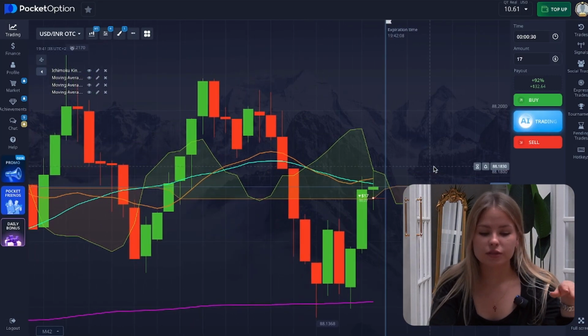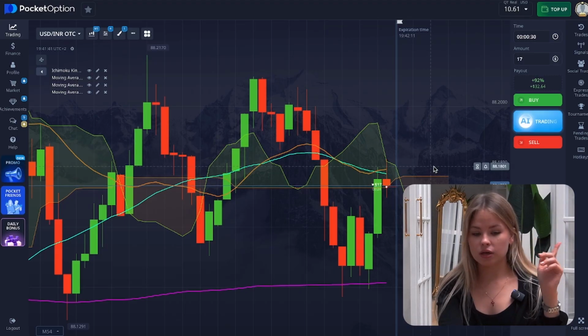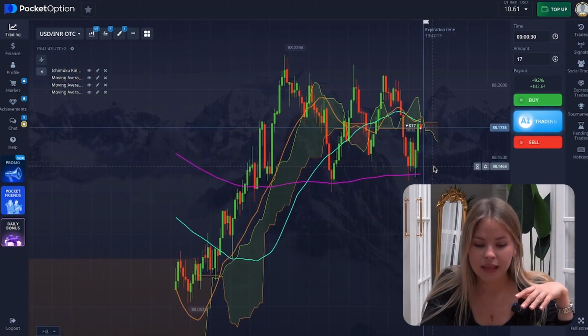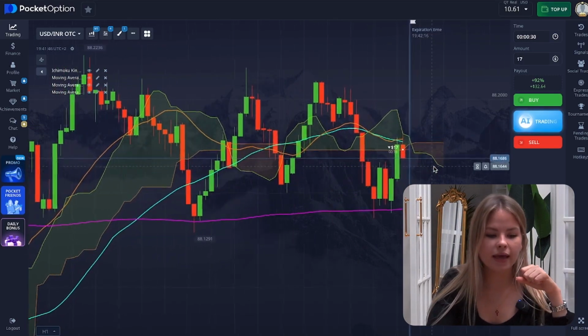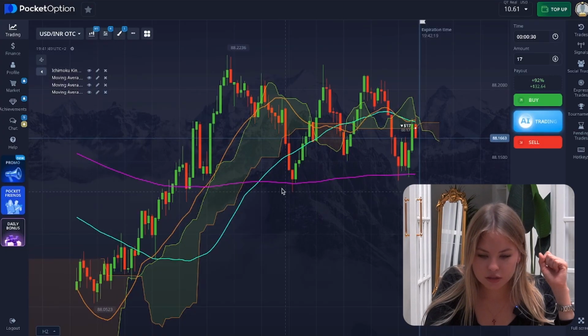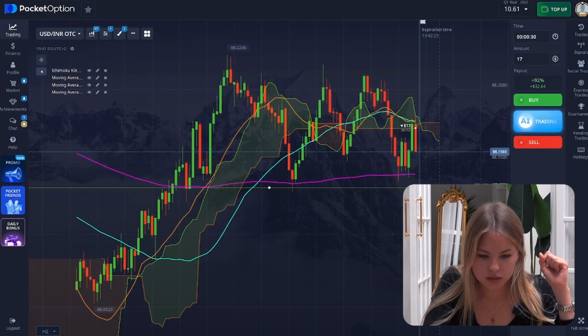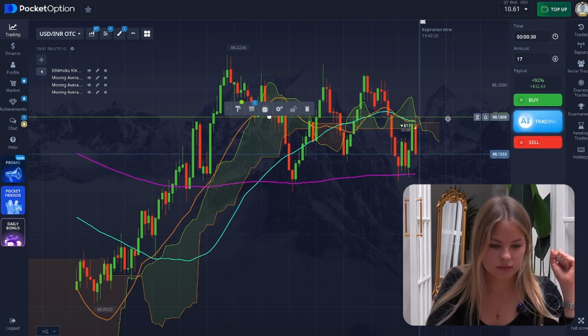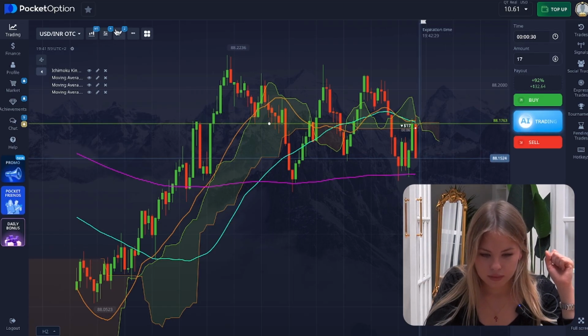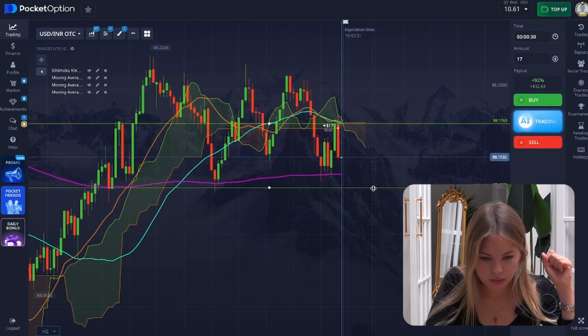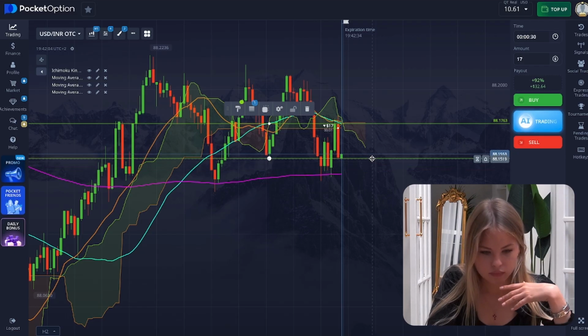Okay guys, a new currency pair, and the first time in this video I went short here. Okay, and I will quickly show you the support and resistance levels here and here. Yeah.